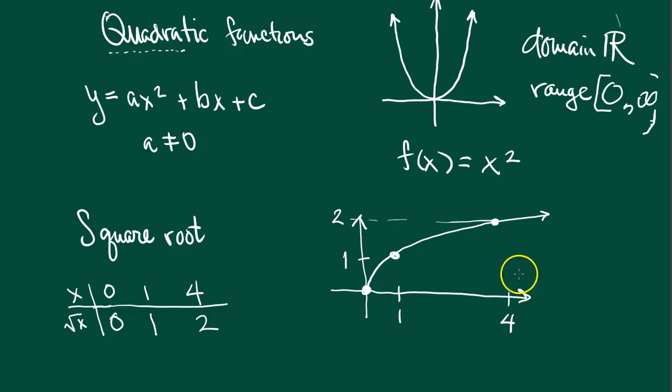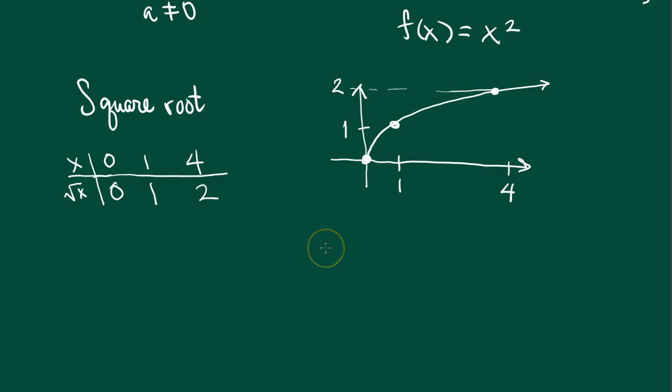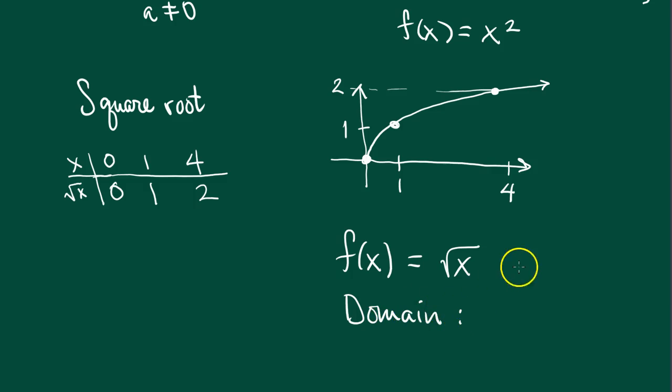Okay, and the equation here, naturally, is f of x is equal to the square root of x. Domain, not all reals, because the square root is not defined for negative numbers. However, it is defined for 0.